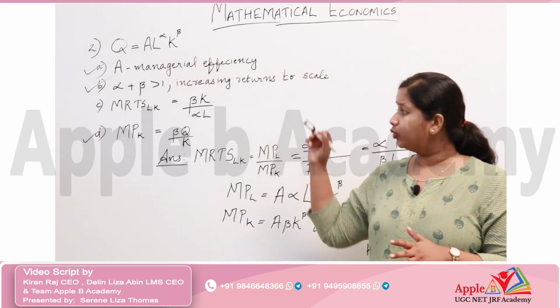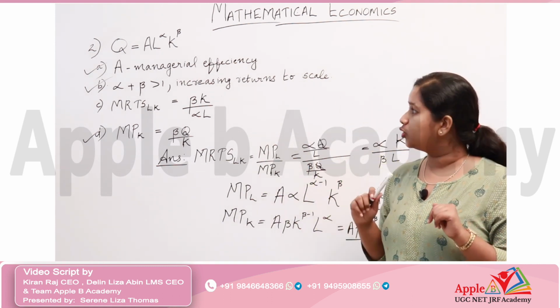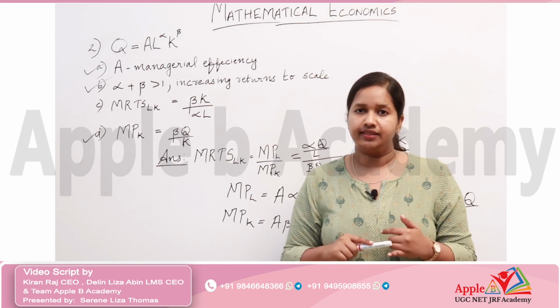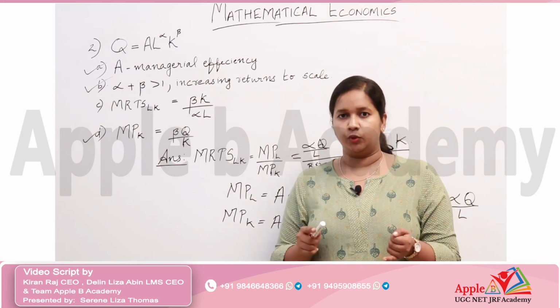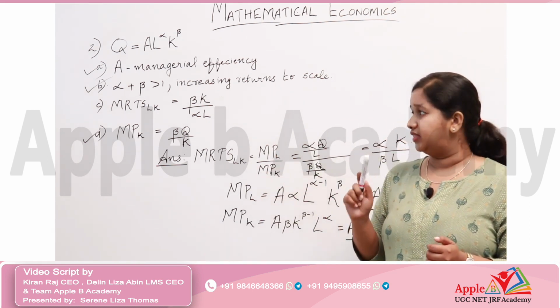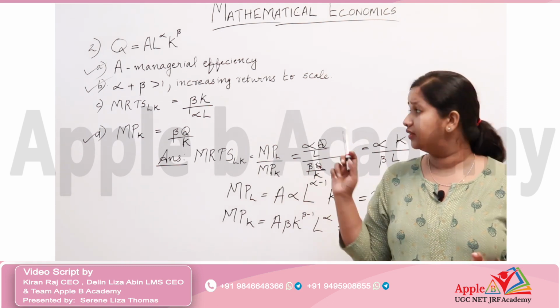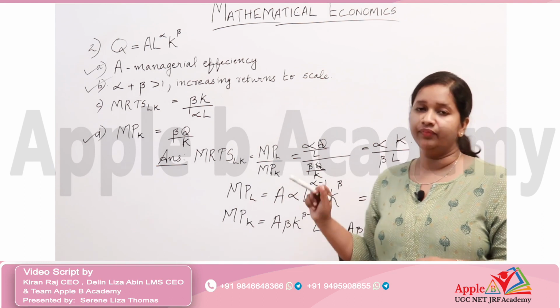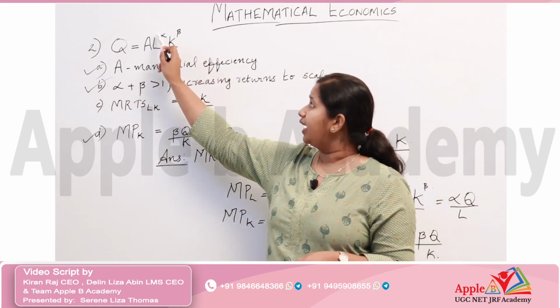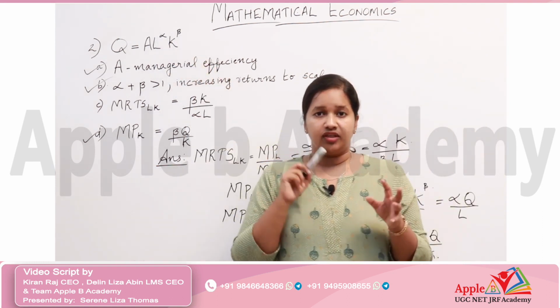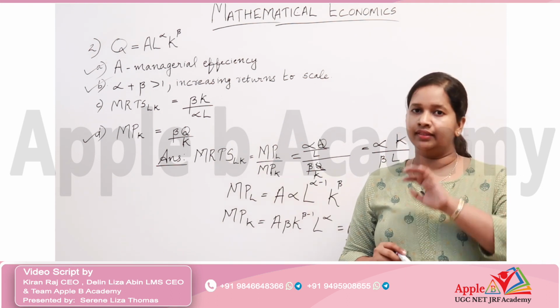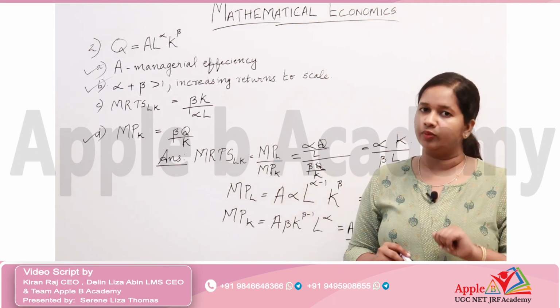Now we have four options. The first option is that A denotes managerial efficiency. Yes, that is true. Second option: if alpha plus beta is greater than 1, then it is increasing returns to scale. When you add alpha and beta, if it is greater than 1, then it is increasing returns to scale. Again that option is true.